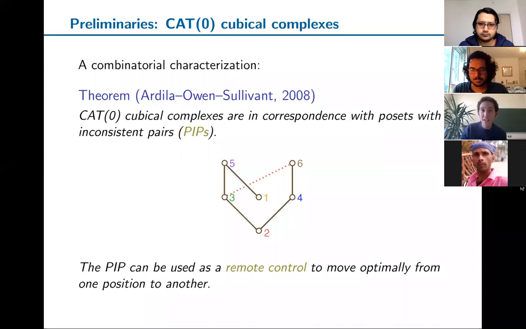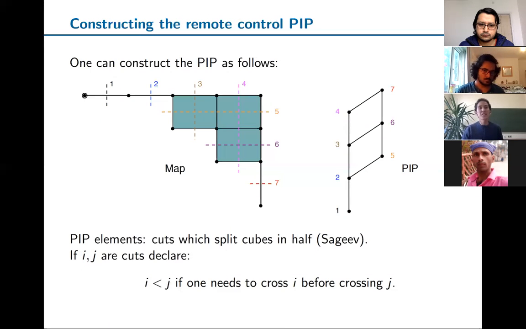Okay, so let me tell you now how to construct PIPs and how to use them. So here's an example. Let's say you have this map on the left, and you want to construct the remote control PIP in order to navigate this map.